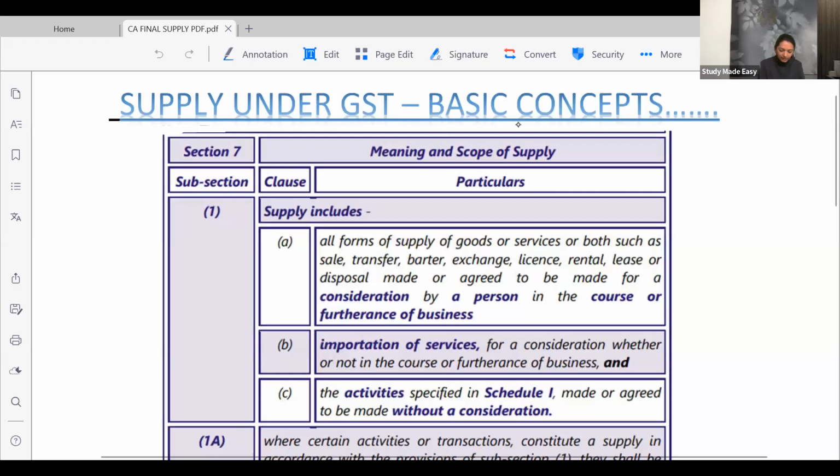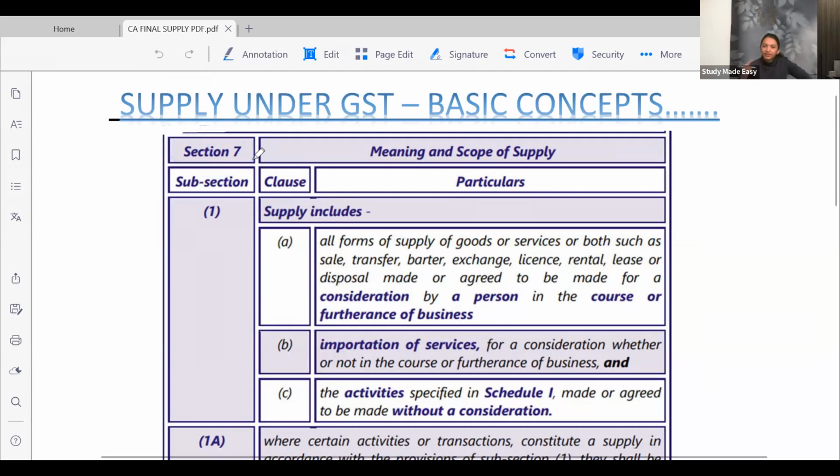Now, when the taxable event of GST is supply, I have to understand this definition very wisely. The definition of supply has been given in section number 7.